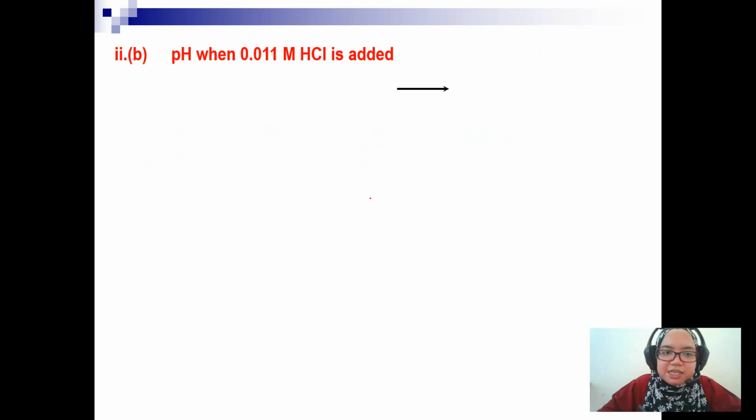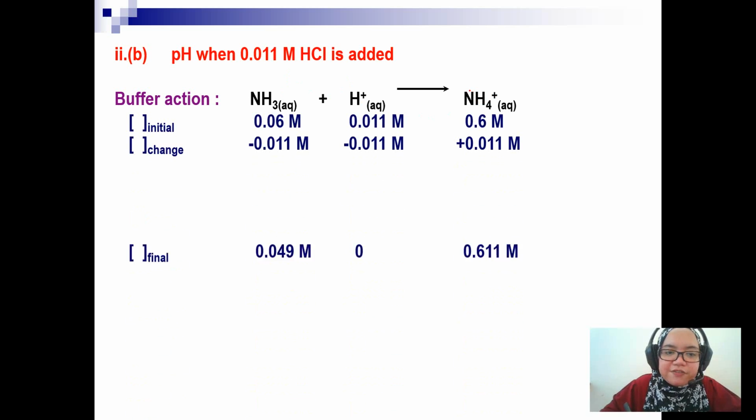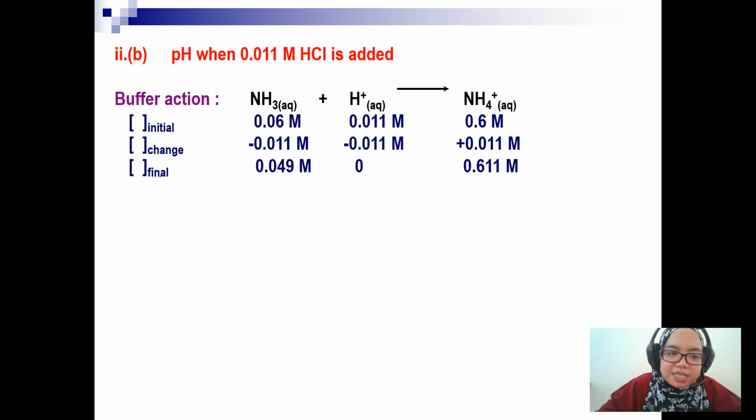Okay, so sekarang ni bila HCl pula yang added, yang akan react adalah weak base NH3. So NH3 akan react with acid to form NH4+. So kita akan buat ICF table lagi sekali. Bila kita buat ICF table, kita akan dapat final concentration dia adalah concentration of NH3 decreases sebab dia dah consume H+, and the concentration of NH4+ increases sebab dia dah formed by the reaction of NH3 dengan acid tadi.